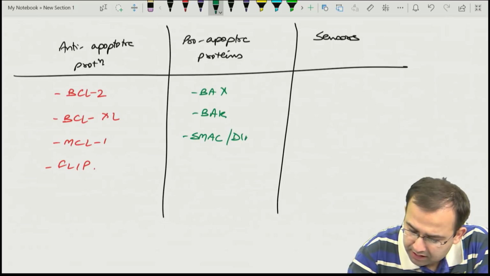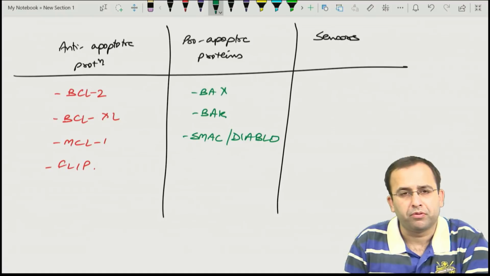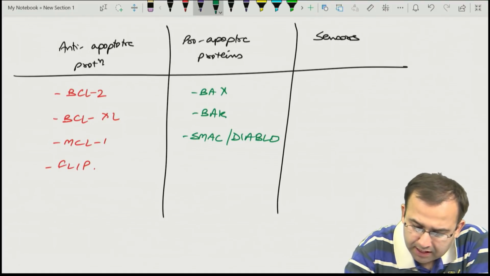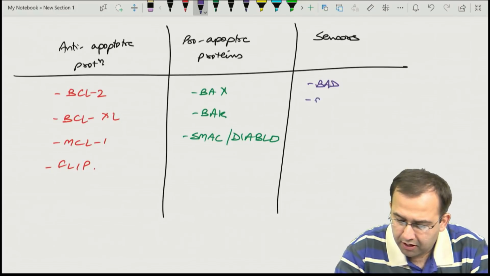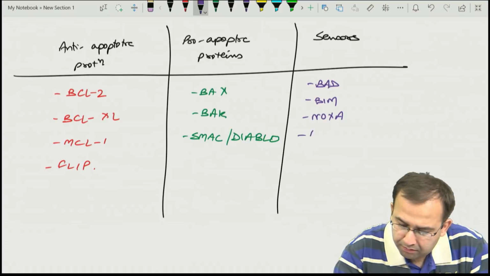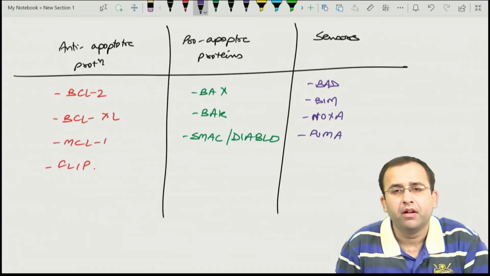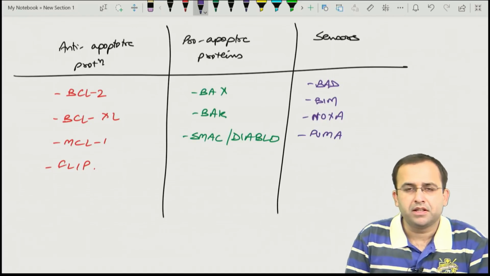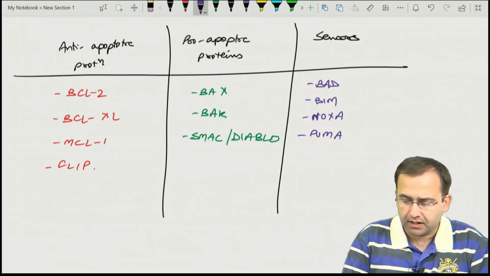I know it's a very sexy name for a pro-apoptotic protein, SMAC Diablo. These are pro-apoptotic. And the sensors are BAD, BIM, Noxa, Puma. You do not have to apply your mind on what we mean by sensors and stuff.